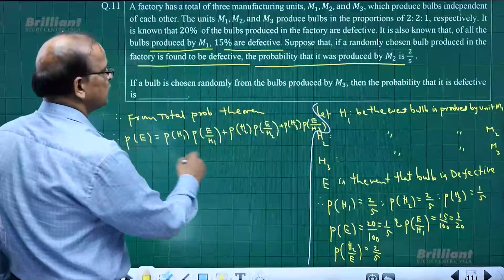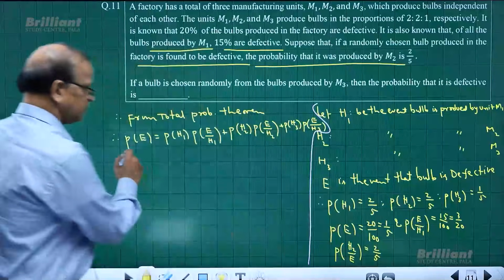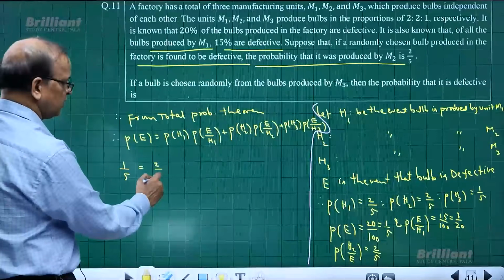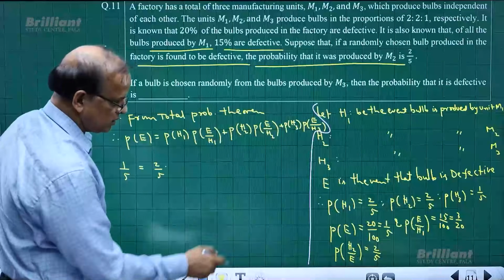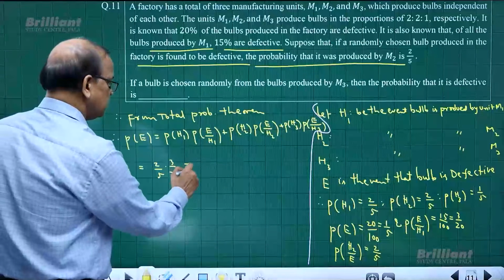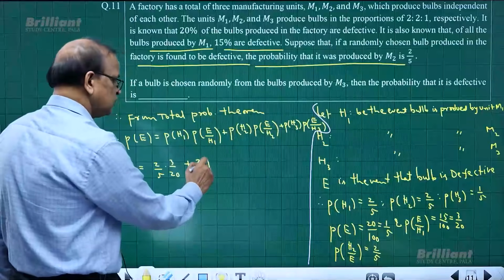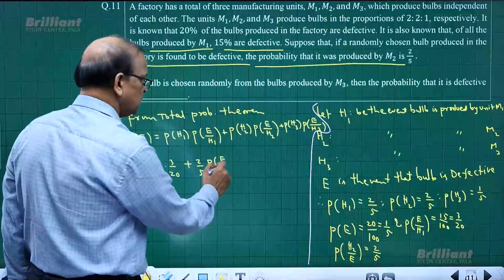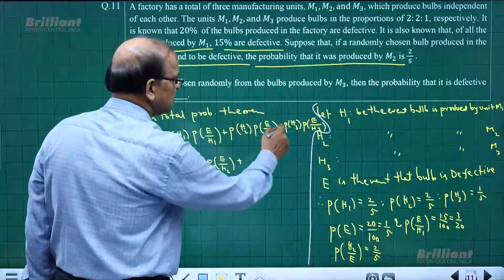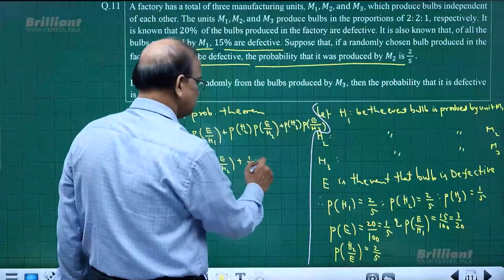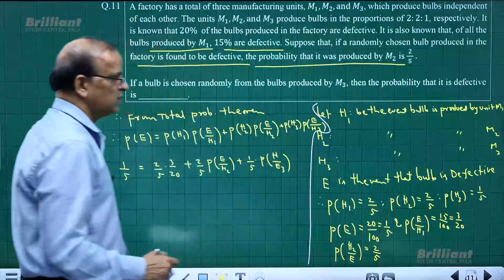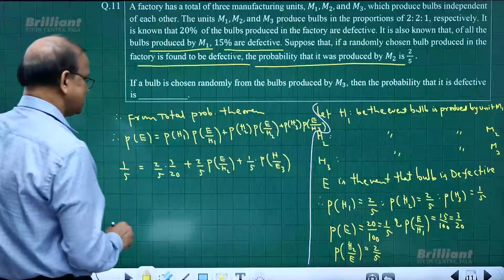P of E is 1 by 5, substitute here. So 1 by 5, P of H1 is 2 by 5, P of E by H1 is 3 by 20, P of H2 is 2 by 5, P of E by H2 we don't know, P of H3 is 1 by 5 into P of E by H3, this also we don't know. Now you can simplify this.